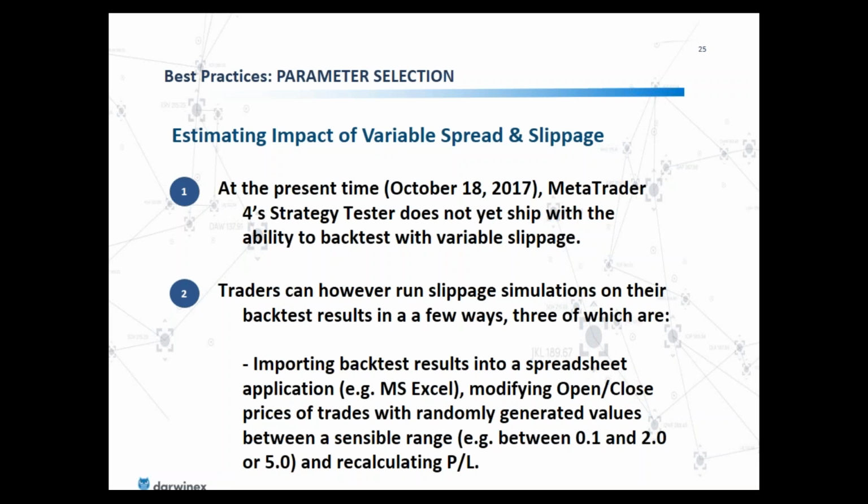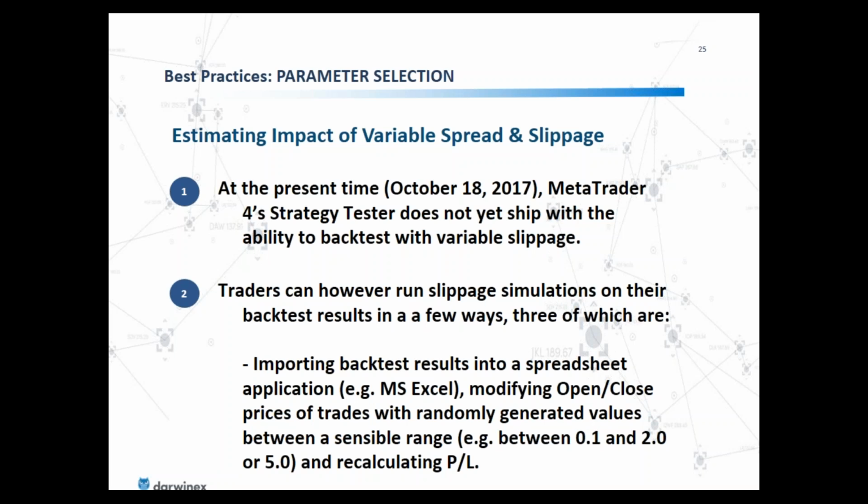This is after your backtest is complete and you've extracted the report from the strategy tester as a detailed report or a simple report. You can import the backtest results, the HTML report that's generated by MT4, into a spreadsheet application, say MS Excel.